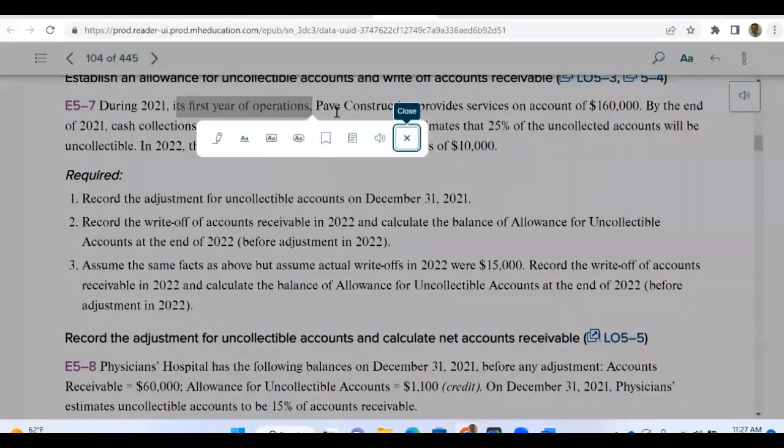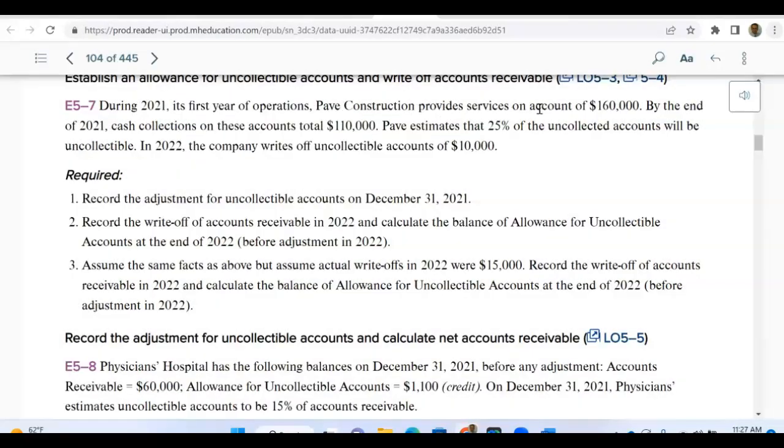Okay, continue. Pave Construction provides services on account of $160,000. So put that in the T account. So I'm right now drawing a T account. Accounts receivable debit, $160,000 on your paper, please. Accounts receivable debit, and sales credit, $160,000.